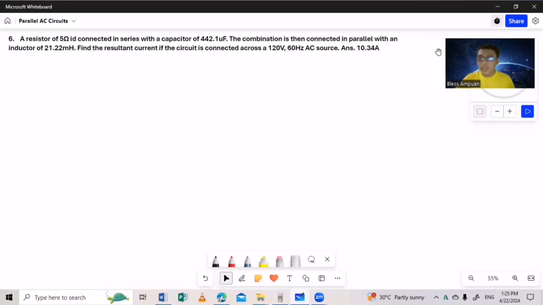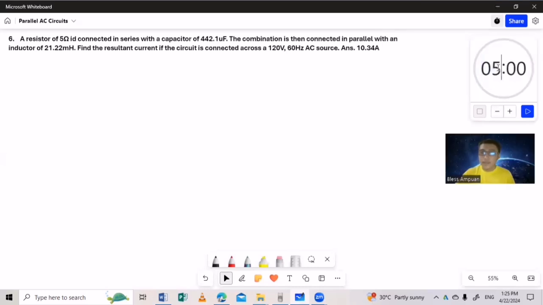I will give you 2 minutes to solve this kind of problem. So the timer starts for problem number 6. Timer start. So kindly participate. Try to solve it with integrity, so that we could check later and compare our solution. Timer starts now.